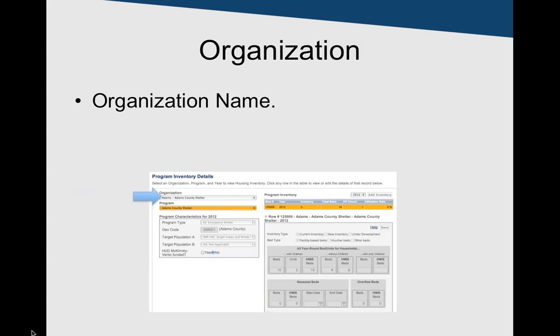So now we're going to go ahead and look at the organization name. And this is one of the questions that we have to enter for the HIC. Just as it sounds, the organization name is the name of the organization providing the shelter or housing to homeless persons.